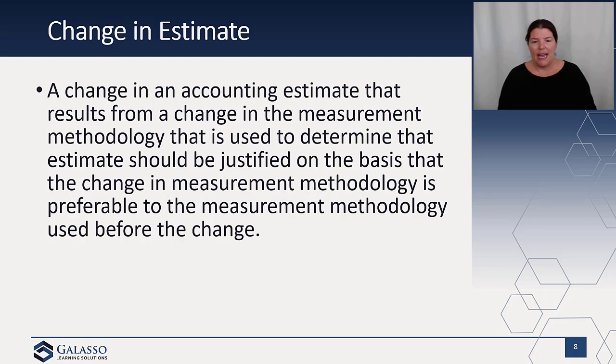And so in this scenario, when we have a change in accounting estimate, this is a change in measurement methodology, which has to be justified on the basis that the change is preferable. So thinking about understandability, reliability, relevance, timeliness. So again, GASB 62 obviously referred to both outputs and inputs, but they're trying to really bring this in here.